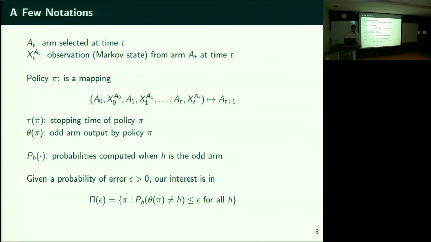I am interested in all those policies which at the time of stoppage will tell me that this is the odd arm with very high probability. In other words, the probability of making error is at most epsilon. Now this has to happen no matter where the odd movie is. I don't know where the odd movie is. I could have placed the odd movie in whichever location. There were 8 locations. I never told you where the odd movie is. Irrespective of wherever the odd movie is, my policy should be able to perform very well.